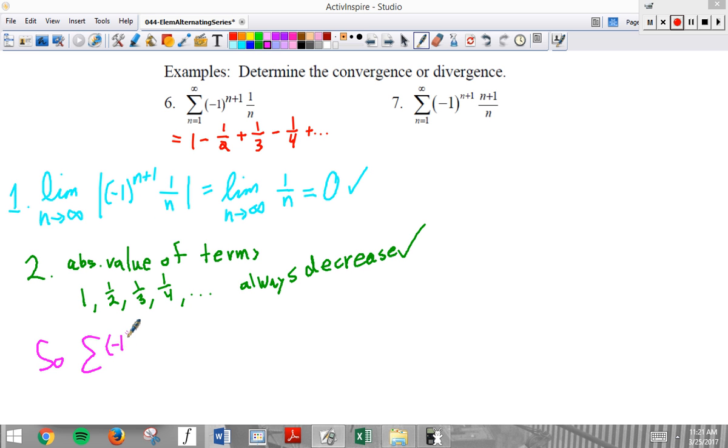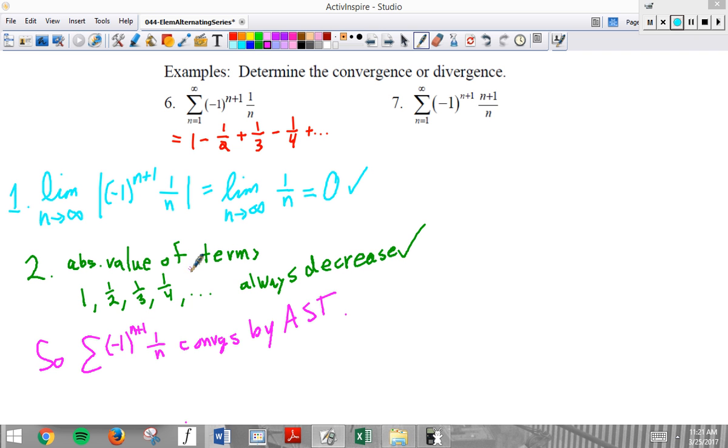So, this series converges by AST. Okay? That's how it goes. I check out the absolute value of the terms. We want this to be decreasing or at least non-increasing.